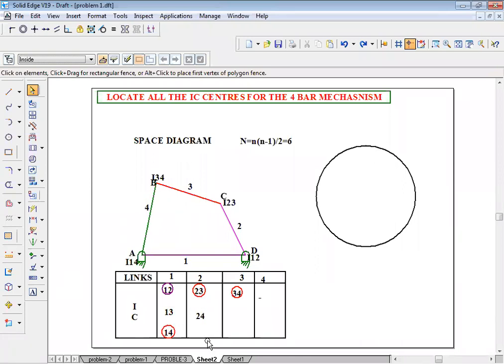So we are going to find them by the circle diagram. First we will draw the circle with any convenient scale. Then here we need to mark on this circle. The total number of links is 4. Therefore we are going to divide this circle into an equal number of 4, that is like a square.